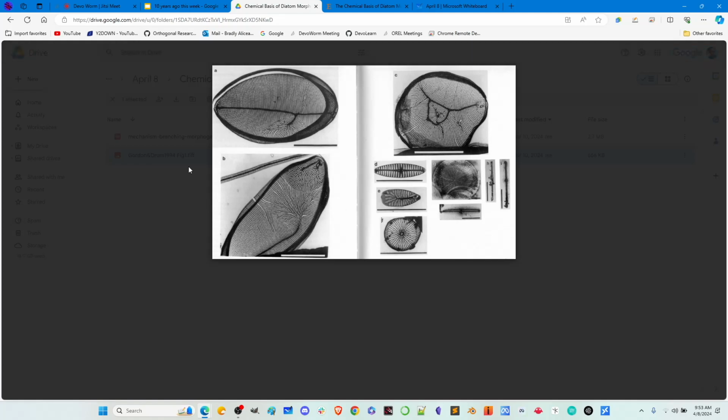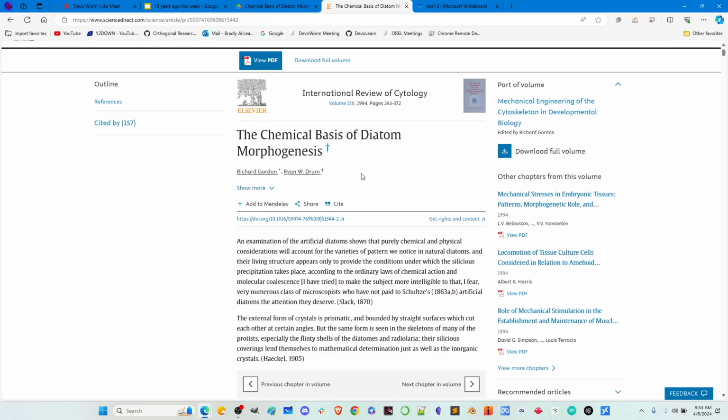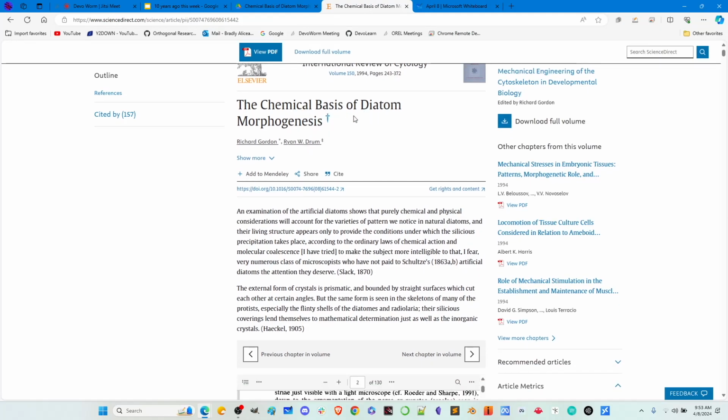And so this is an example of a diatom they're kind of talking about in this paper. And so this is the chemical basis of diatom morphogenesis, which of course is a takeoff on chemical morphogenesis of Turing and some of the things that he talked about in his famous work.